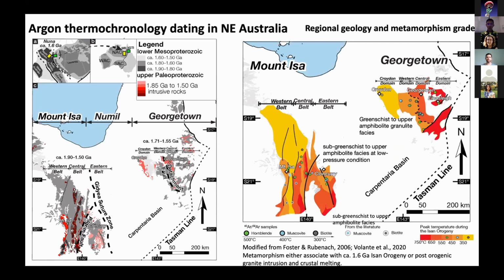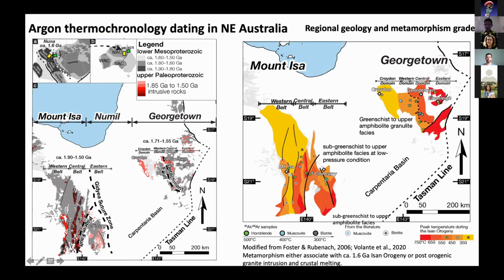And when we go there, we're targeting the more high-grade metamorphism areas, where the area has been subjected to this regional orogeny, which is the 1.6 Ga orogeny. As mentioned, the metamorphism is ascribed to this orogeny as the continental collision associated orogeny. So what we use is hornblende, muscovite, and biotite, which are shown in green, blue, and gray color.